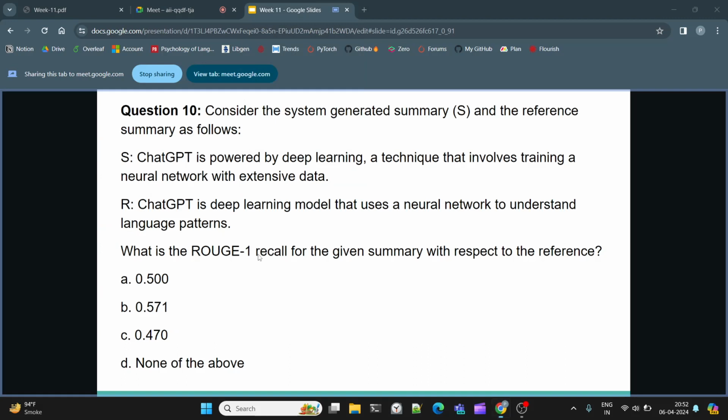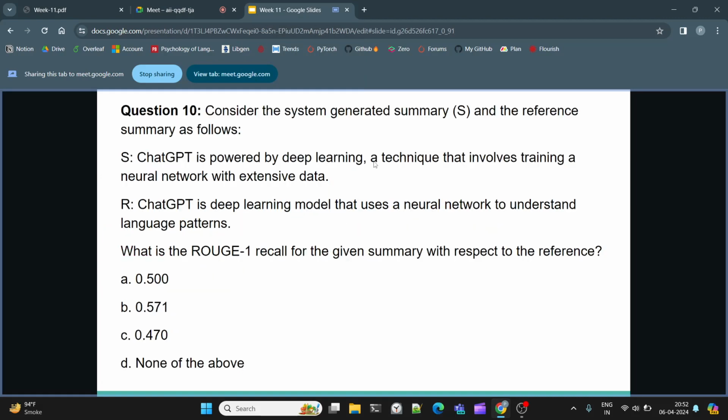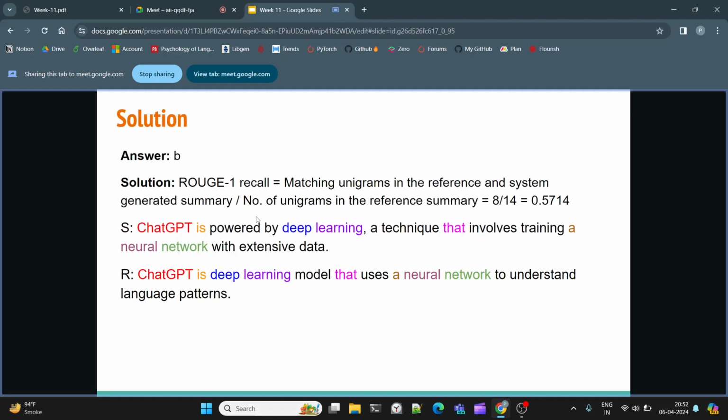Here we need to compute the ROUGE-1 recall. In the slides the elaborate formula was there. Here there's only one reference sentence. Ideally there would be multiple reference sentences and you need to do the computation for multiple reference sentences, and in that case you just do a summation over all the sentences.